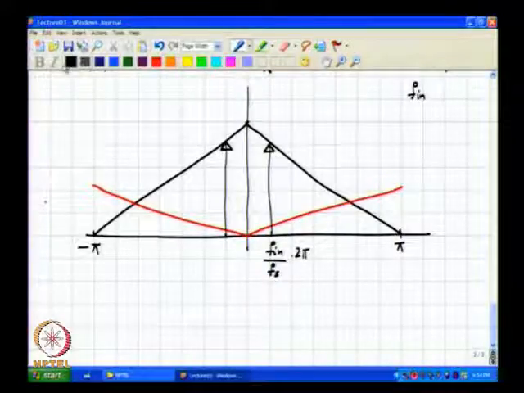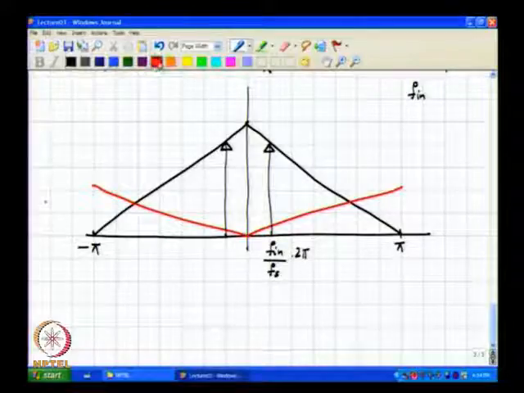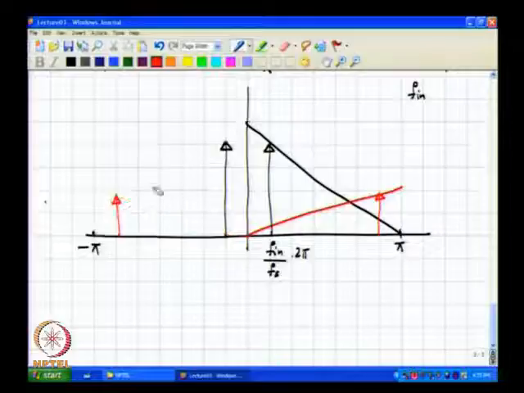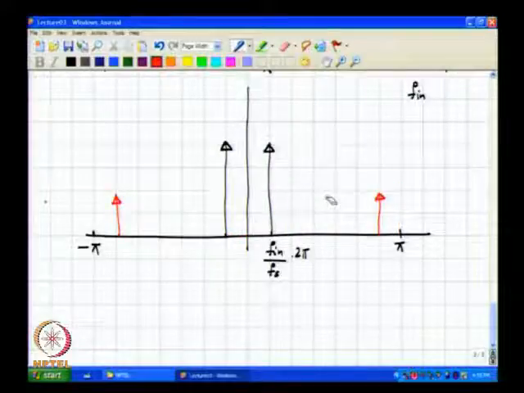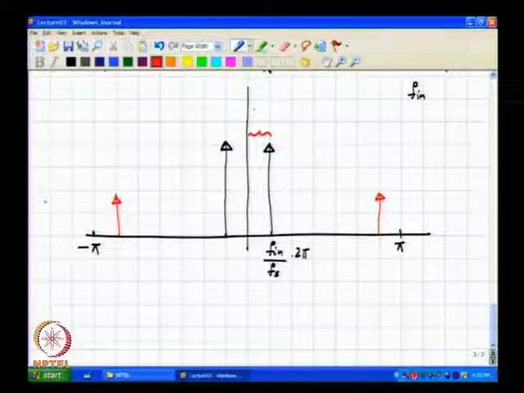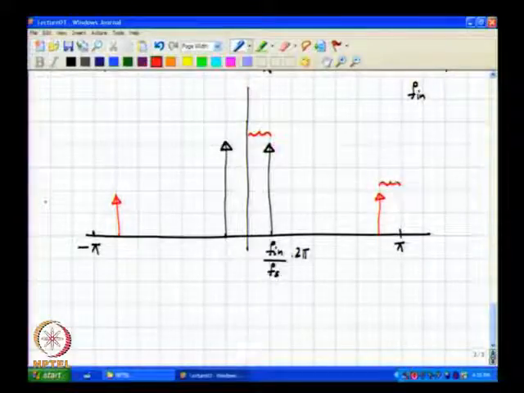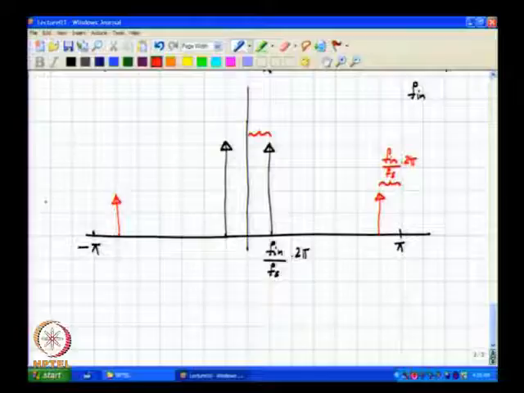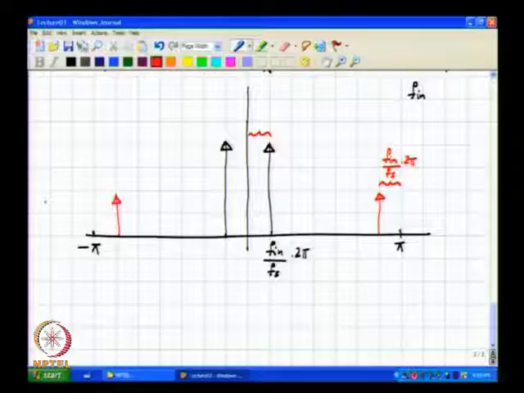And because these alias components do not cancel, there will be something there, and this is f in by Fs times 2 pi. What is this distance? It is also f in by Fs times 2 pi, correct. So, ideally if we had just a sample and hold running at the full rate, which of these colors would you see?